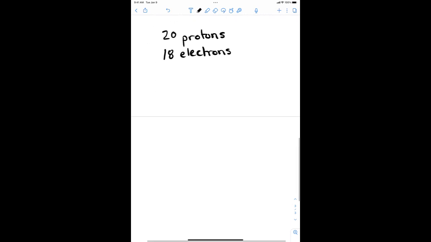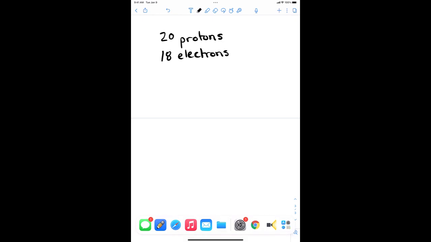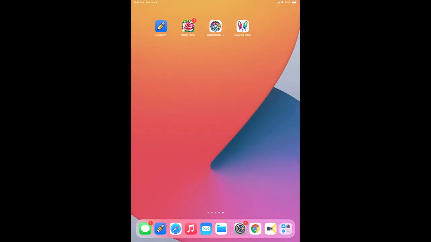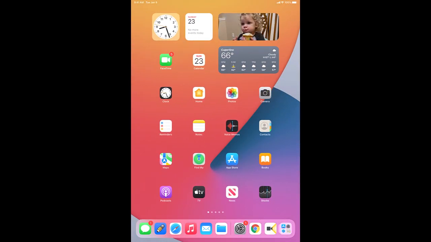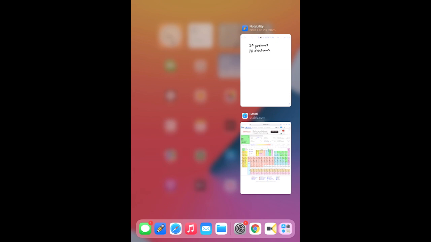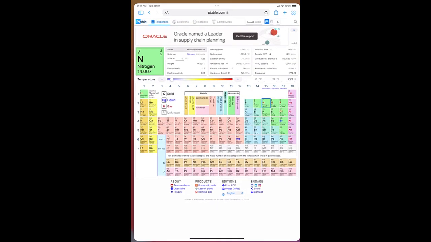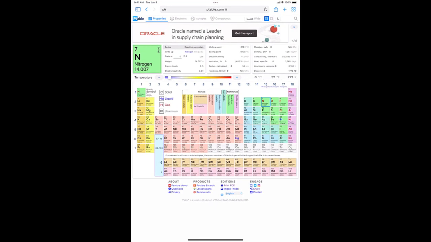Now when we look at our other example, which has 20 protons and 18 electrons, as I said before, the number of protons is by definition the identity, the atomic number, of that element. And so if we pull up our periodic table once again, we can find number 20, and number 20 is calcium.